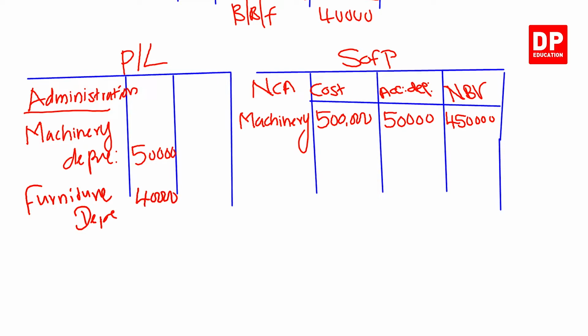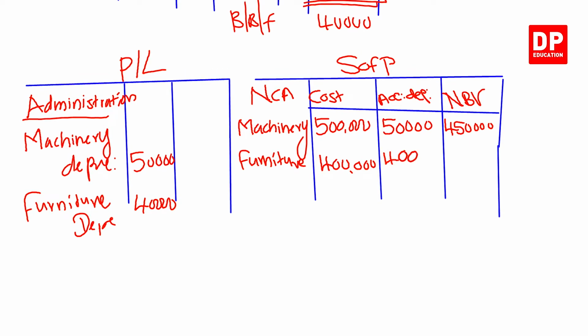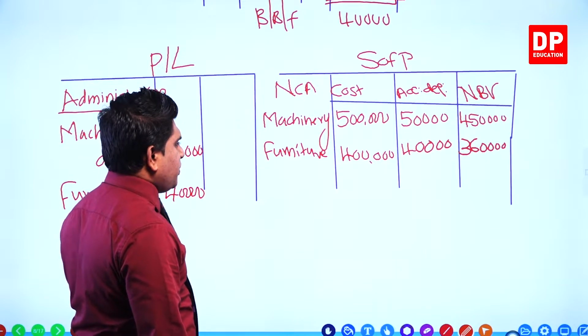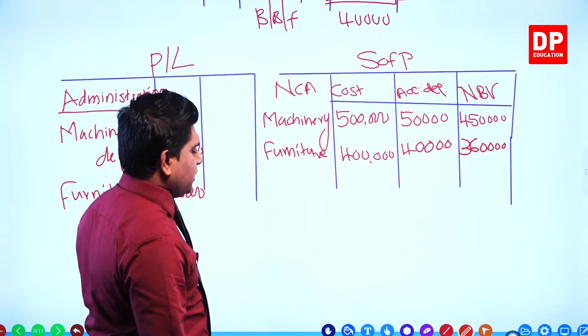Okay. Then here furniture, you write cost is how much? It is given in the question, you can see above. But accumulated depreciation 40,000. Right, then 360,000.